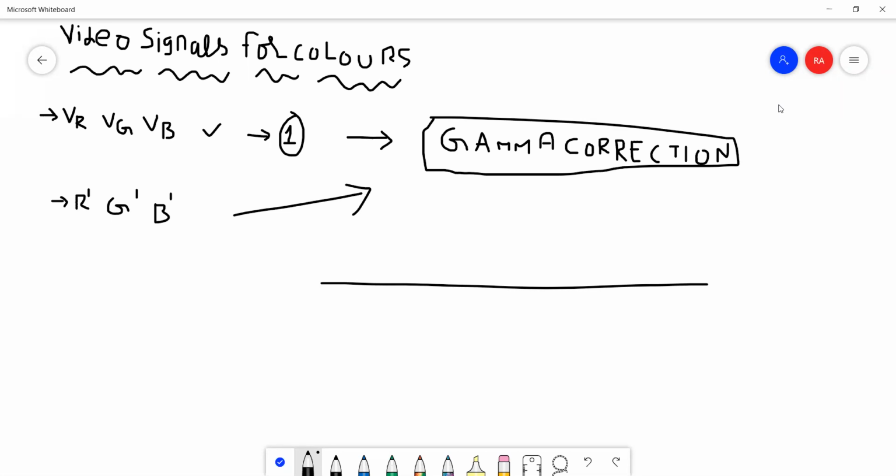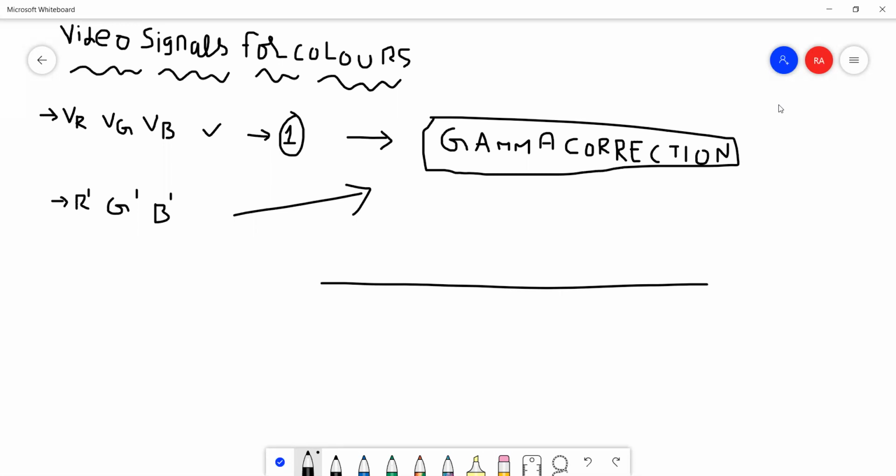So color voltage amplitudes are required. The camera tube outputs are generally normalized, so their outputs are made equal by adjustment of the gains of the amplifiers associated with these three camera outputs.